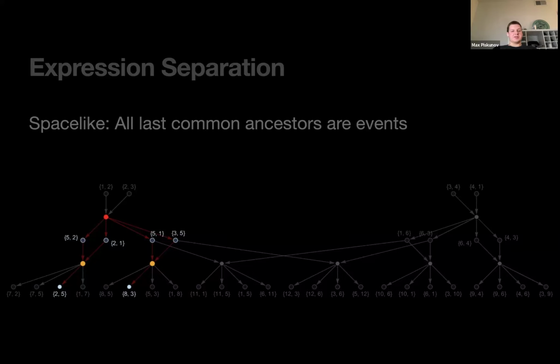But what that means more specifically is that if you take a union of in-components of those two expressions, all of the expression vertices in that union will have an out-degree of at most one.